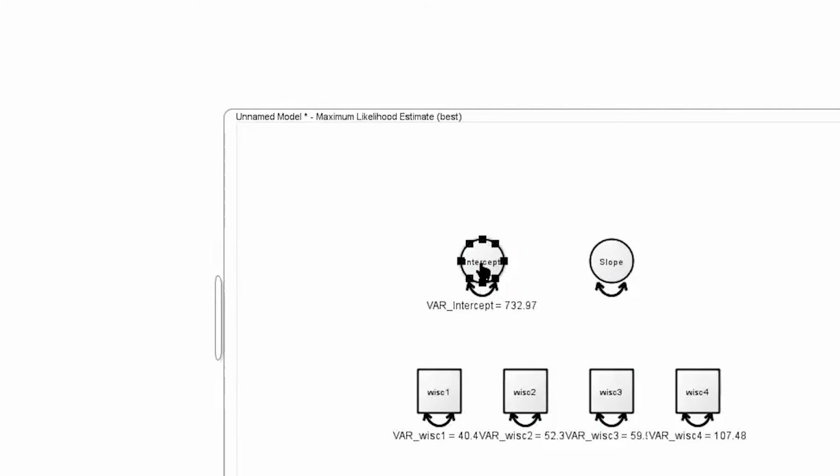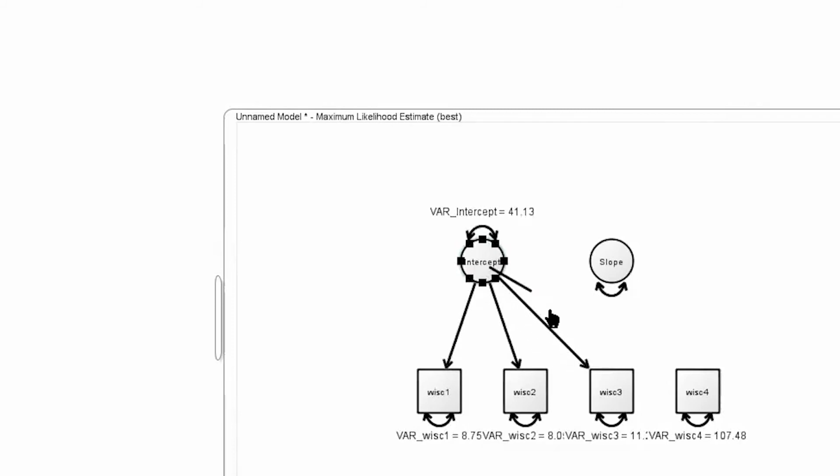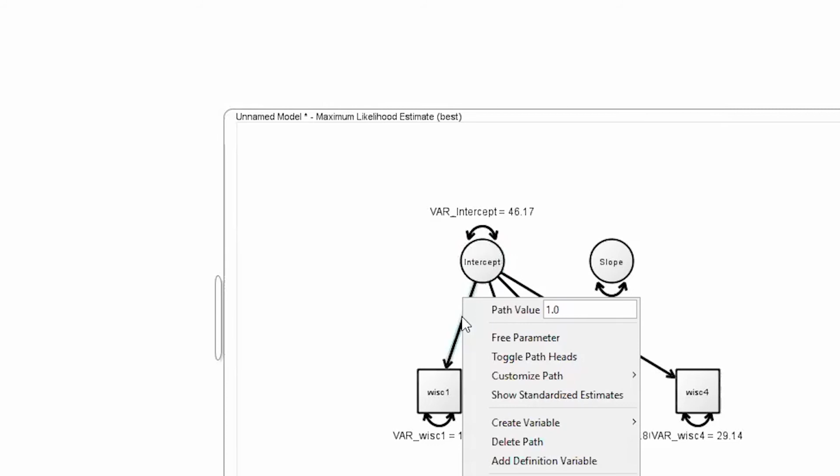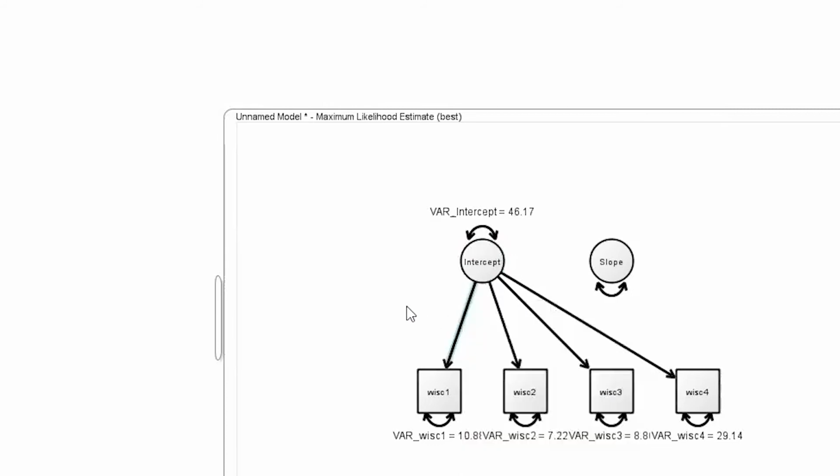Now I'm going to draw arrows from this intercept variable to the number 1 by right-clicking and dragging across. The paths, the loadings of this variable, are all going to be fixed at the number 1, and the variance is free.